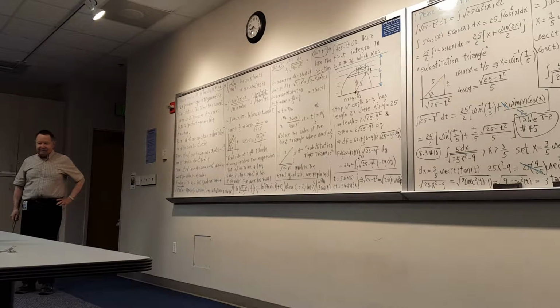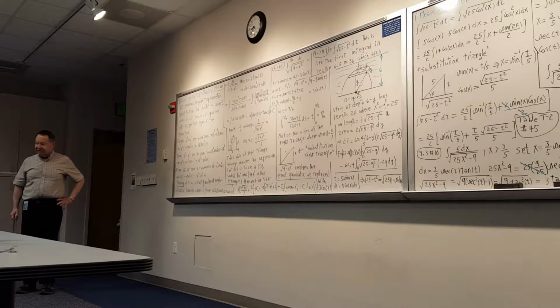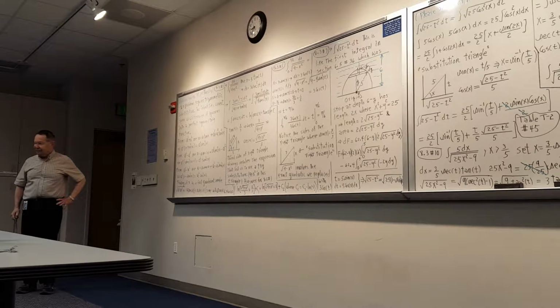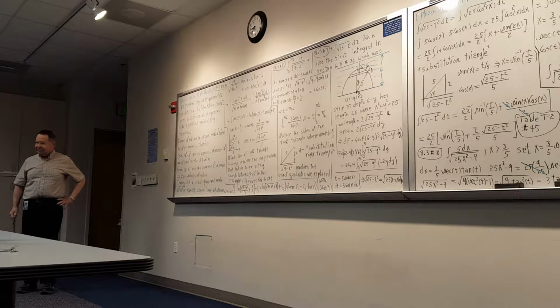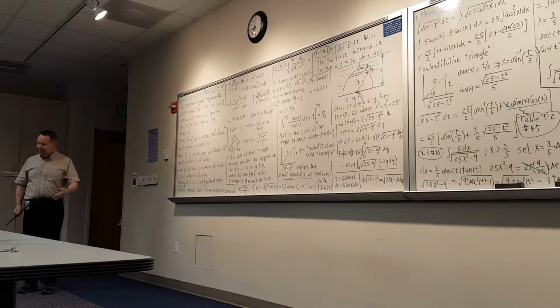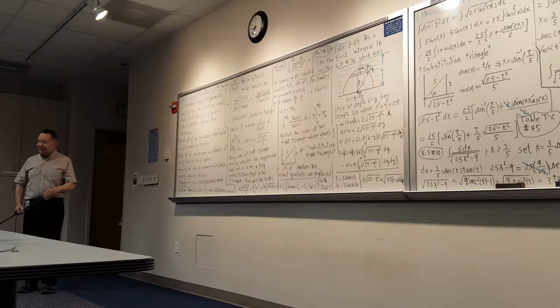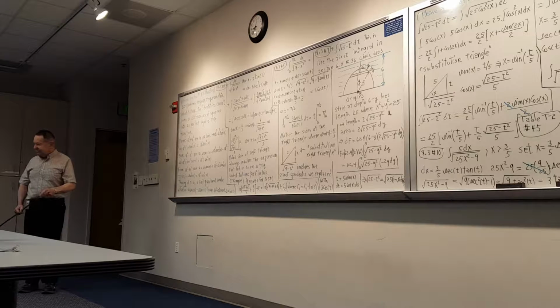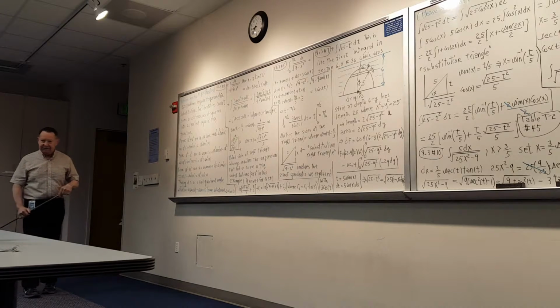And you think of it that you're working in the first quadrant where the trig functions are all positive, so then the absolute value issue goes away, because the absolute value of something that's positive is just whatever it is.